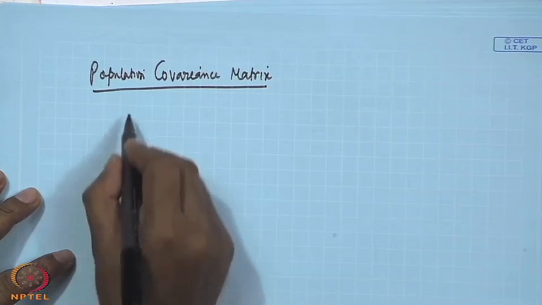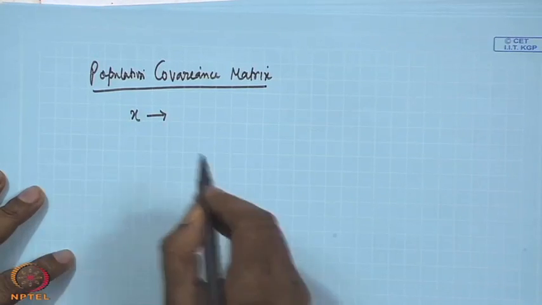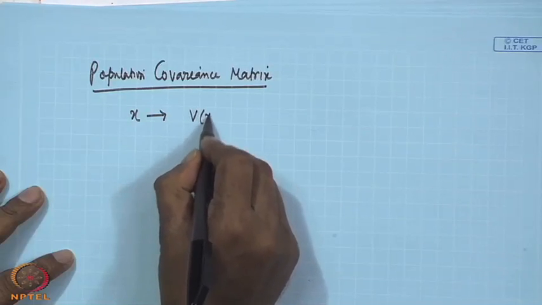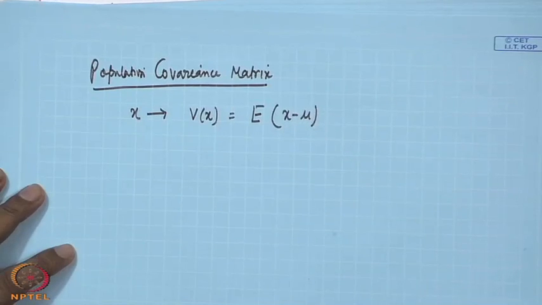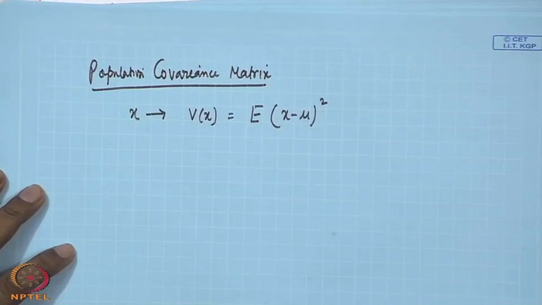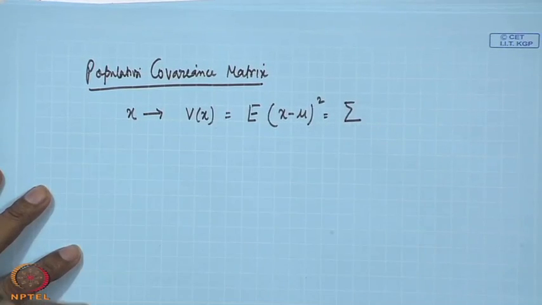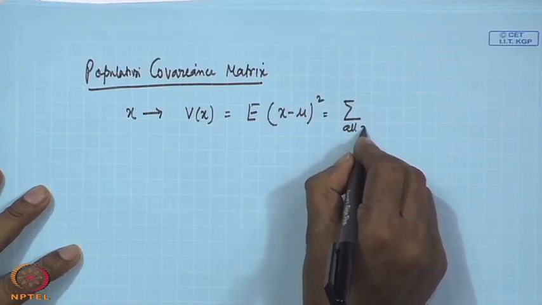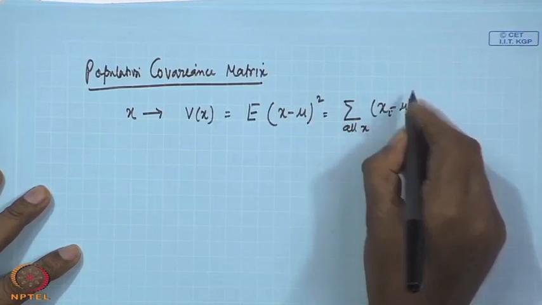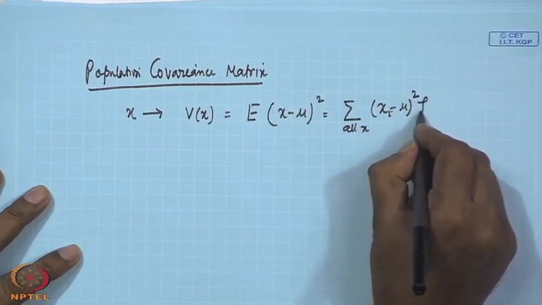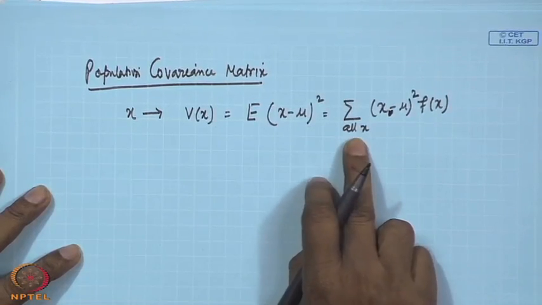If x is a random variable, the univariate case, and I ask you the variance of x, you will say it is the expected value of (x minus mu) square, yes or no. And you have also seen for the discrete case the sum over all x of (x minus mu) square f(x); let it be the general case like this.